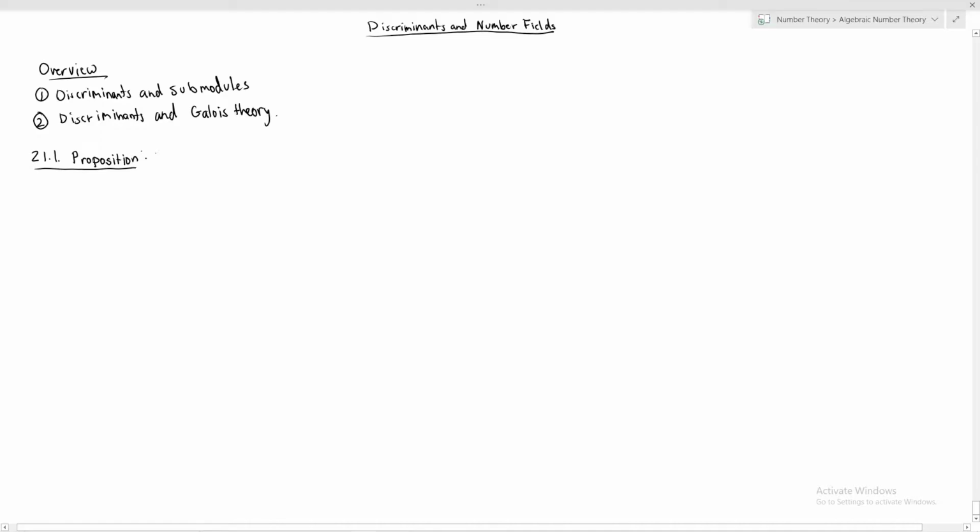Okay. So for the most part, all our applications are going to be when A equals Z. So we're going to let A be the ring Z. And let's say B a ring extension of A, which is free and finitely generated over A as an A module.